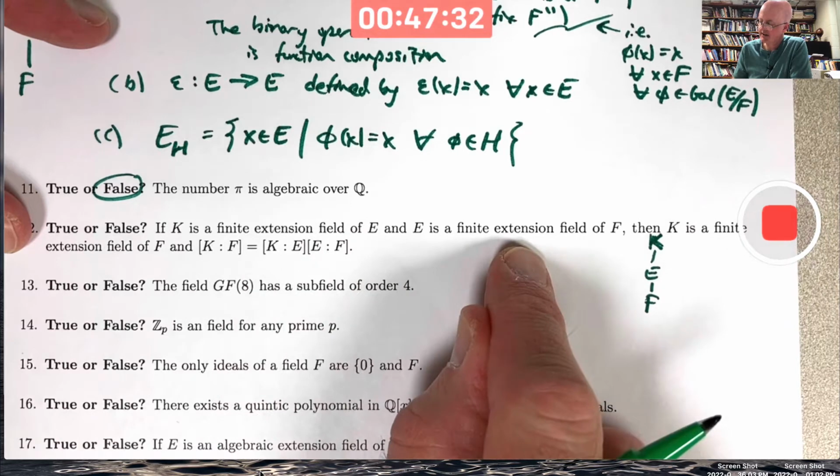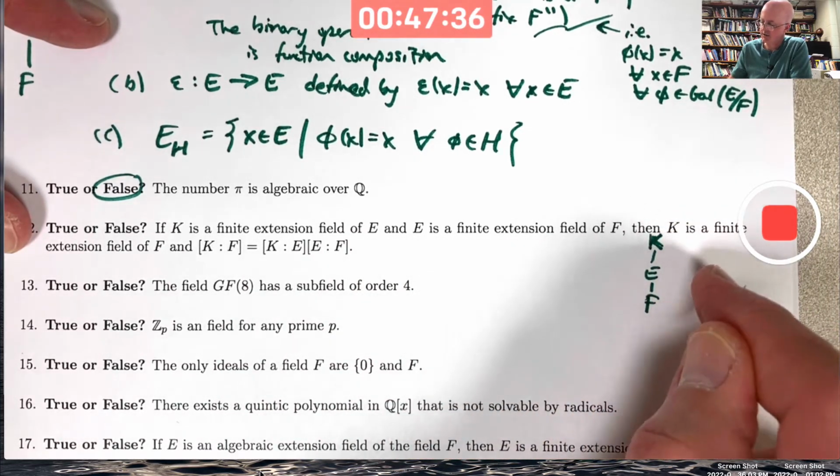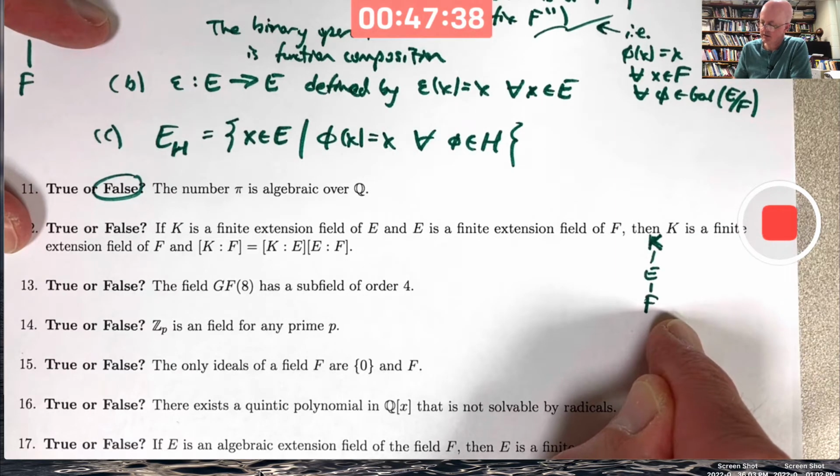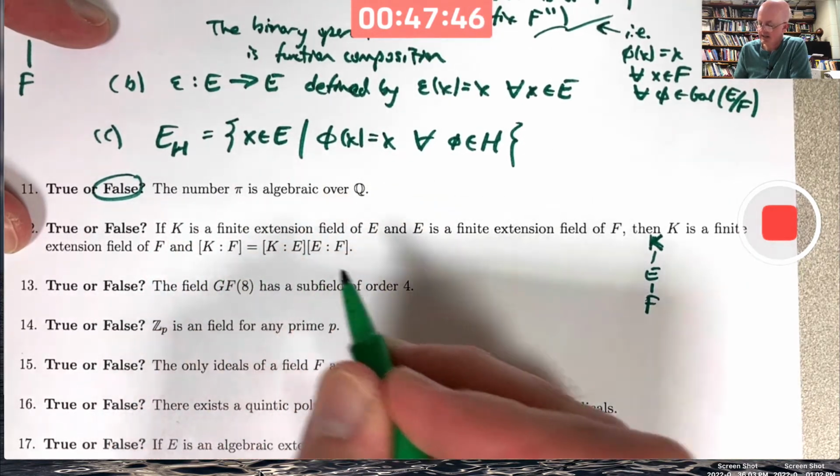If these are both finite extensions in this diagram, then the biggest field is also a finite extension of the lowest field, the smallest. That is true. It's a theorem. And this equality is true. And what do these symbols mean? I haven't explained that either.